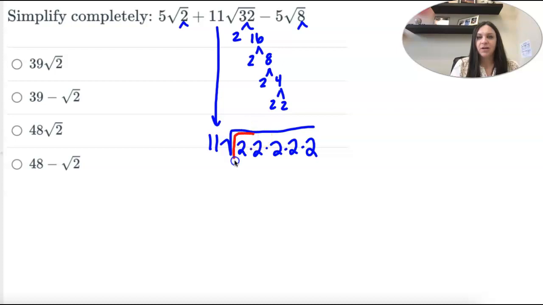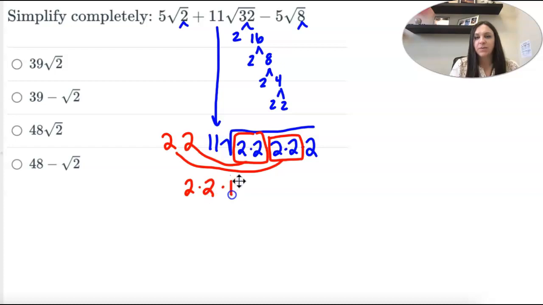Okay, find the pairs. Those come out as 1. Okay, so on the outside I have 2 times 2 times the 11 that was already there. And then inside I still have a 2 left over. So that's really 44 square roots of 2.